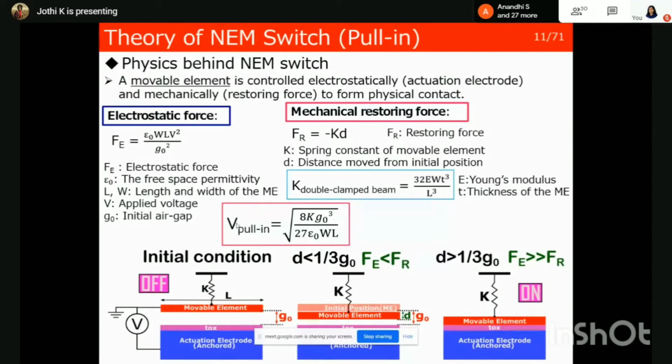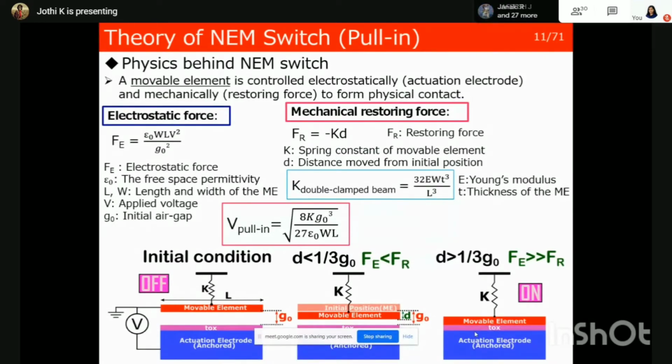Once it collapses onto the fixed electrode, then you have a current. The transition from the gap being completely open to completely closed happens very abruptly, very fast. You cannot measure how fast it actually happens at the nanoscopic or mesoscopic level.